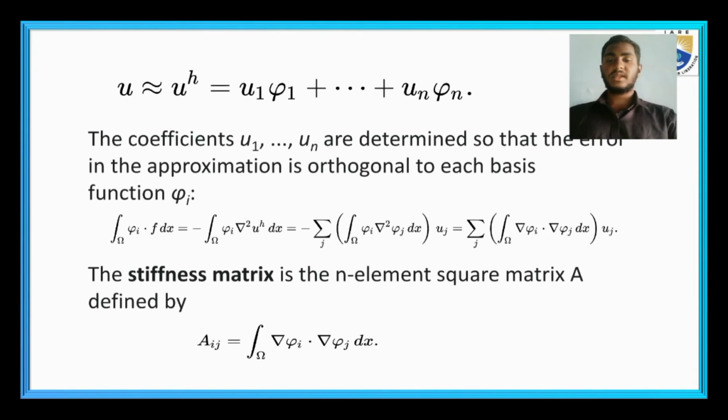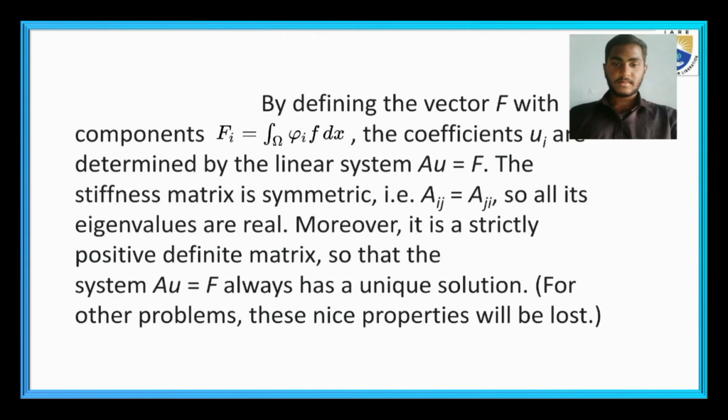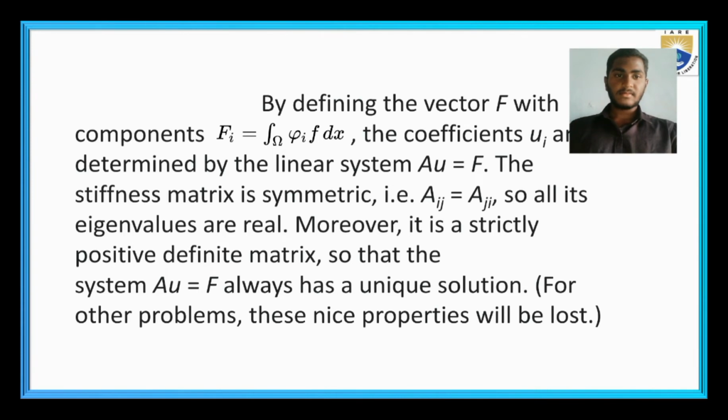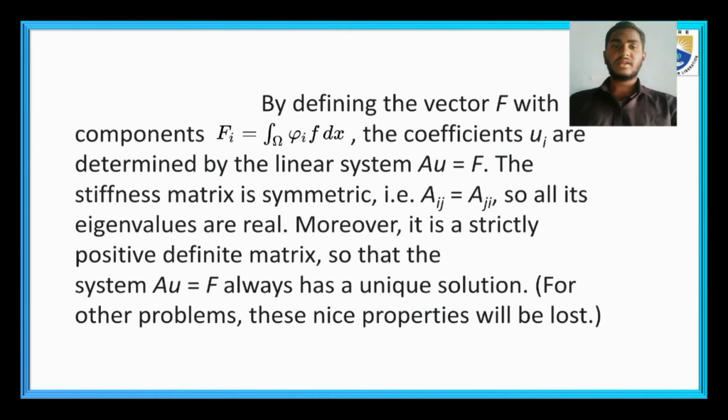The stiffness matrix is the n by n matrix A defined by aij equal to integral over omega of delta phi i into delta phi j dx. By defining the vector f with components fi equal to integral over omega of phi i f dx, the coefficients ui are determined by the linear system Au equal to f.